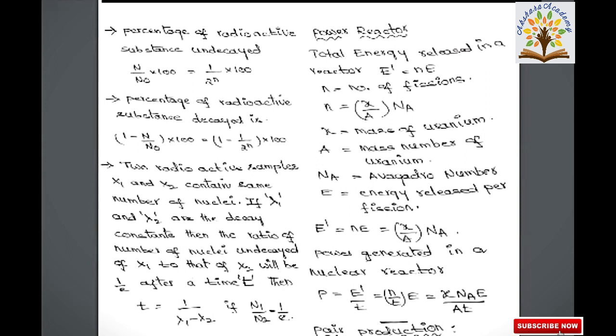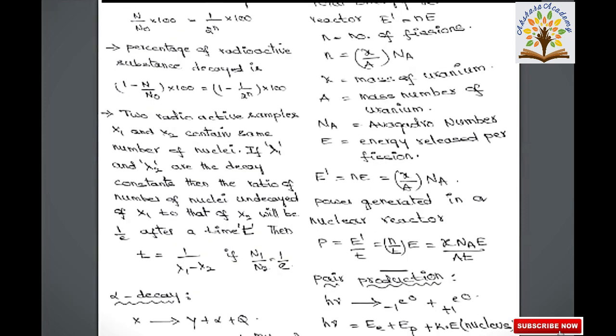That means in any problem, if M naught and the number of half-lives are given, then we can calculate either the number of nuclei, activity, weight or mass of the substance using the relation A by A naught is equal to N by N naught is equal to W by W naught is equal to M by M naught is equal to 1 by 2 to the power of small n, where small n represents the number of half-lives. And we have an important application of this one.